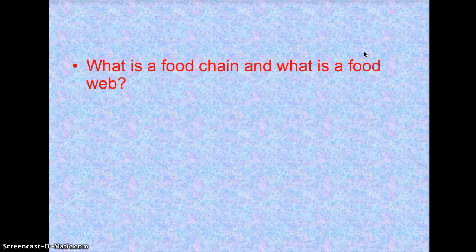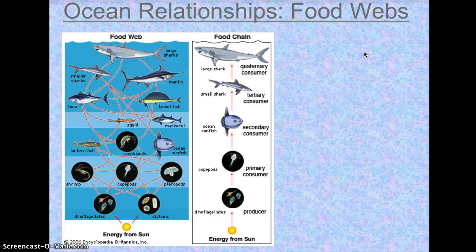Okay. This brings us to the next question. What is a food chain? What is a food web? So as you can see here, we have an example of both. This shows us how the producers, consumers, and decomposers kind of are all interconnected.